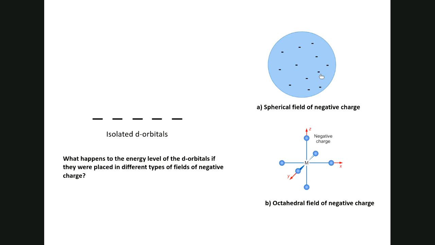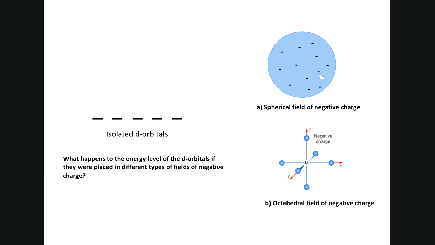They won't be degenerate anymore. Some of them are going to increase due to repulsion. Some of them will have more repulsion than others. But remember, this time it's spherical. If it's spherical, they'll repel equally, because in a sphere you're all feeling the same amount of energy.